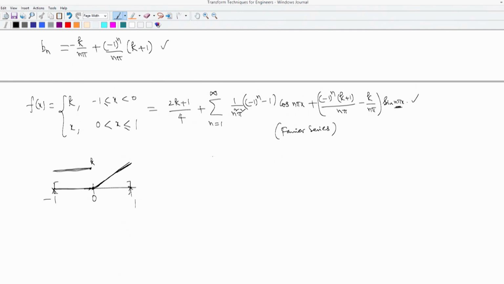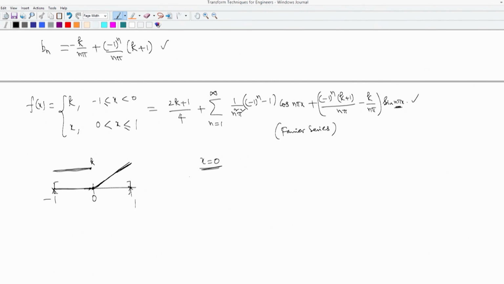As of now I have not said that this is the Fourier series at 0. We are only believing that the Fourier series, by construction from the Fourier coefficients, converges to the function f(x) wherever it is continuous, and at the discontinuous points it converges to the average value of the function from both sides.